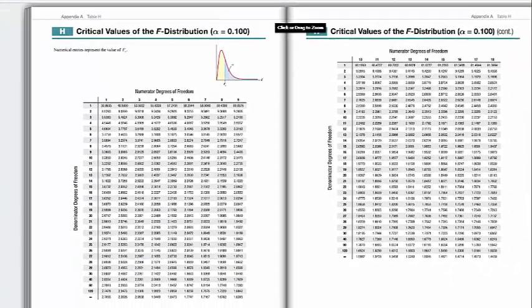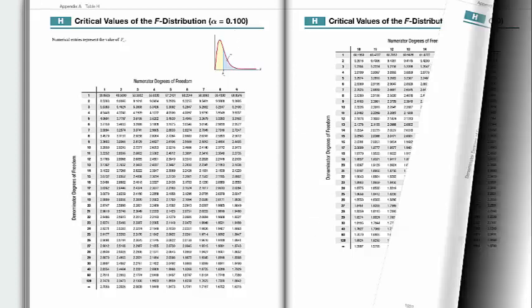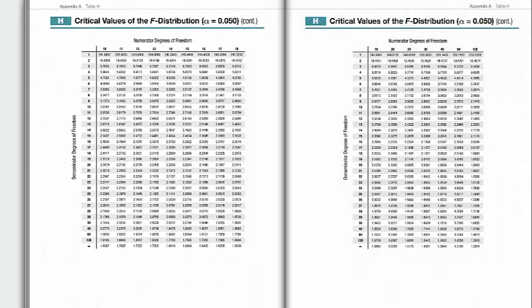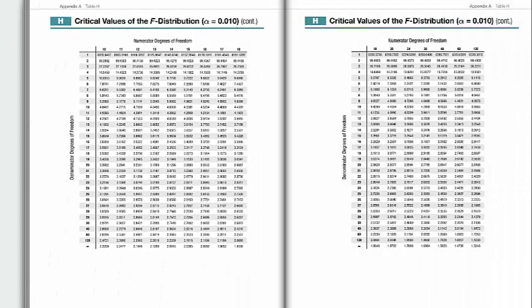All right, so let's go back to our critical values, numerators and denominators. I think we can do it here on the first page. 8 and 10. Oh, because this is at 0.10, I don't want 0.10. I want 0.01. 0.10, 0.05, 0.025, 0.01. Yes.